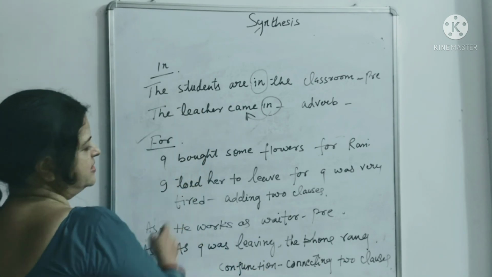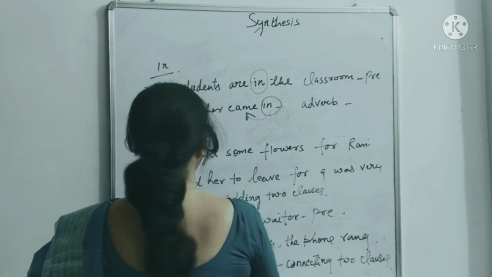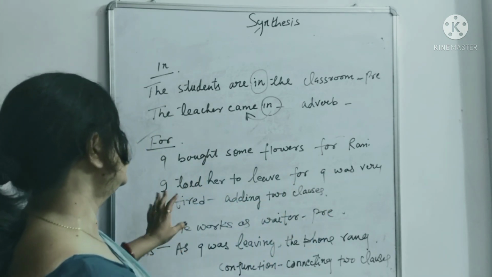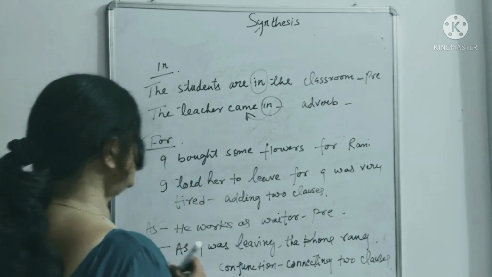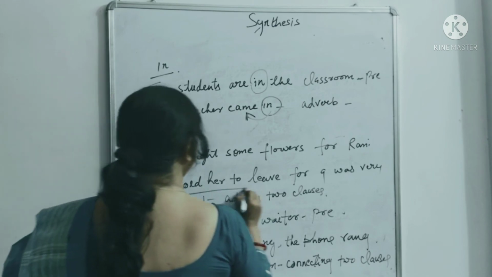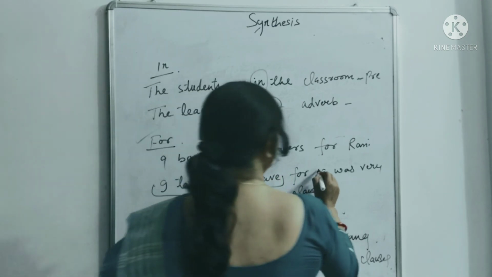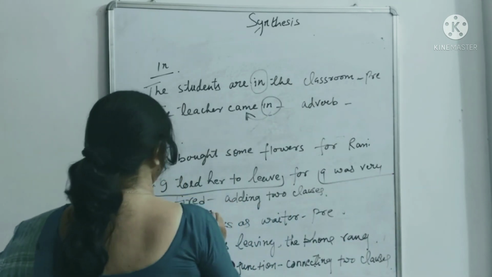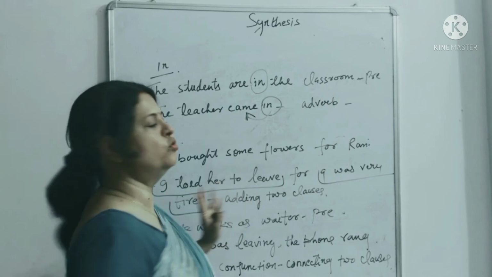Let's see this sentence. I told her to leave for I was very tired. So here we see that I told her to leave is a clause, and the second clause is I was very tired. So this for is adding these two clauses.